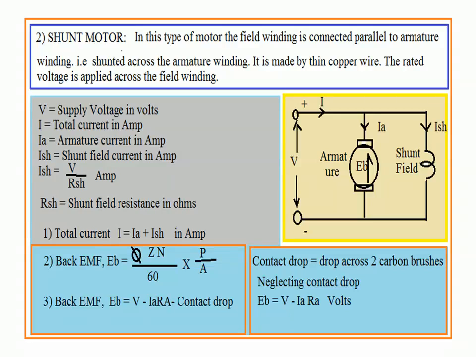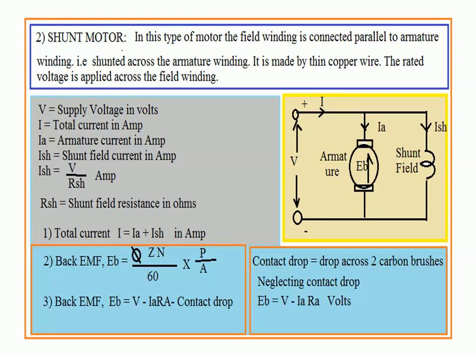Let V be the supply voltage, I be the total current, IA be the armature current. First you calculate ISH, shunt field current equal to V by RSH. Next, by applying KCL, total current I equal to IA plus ISH. Hence after calculation, armature current IA equal to I minus ISH. Then go for calculation of back EMF.